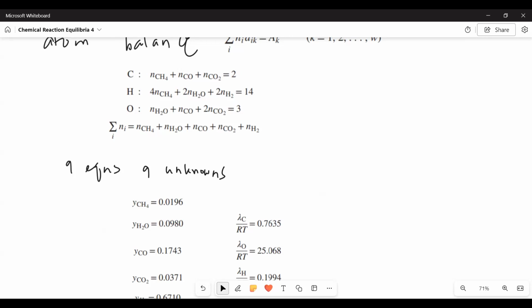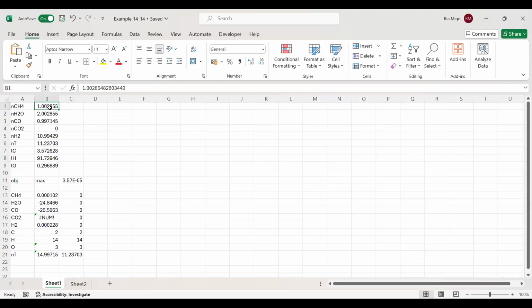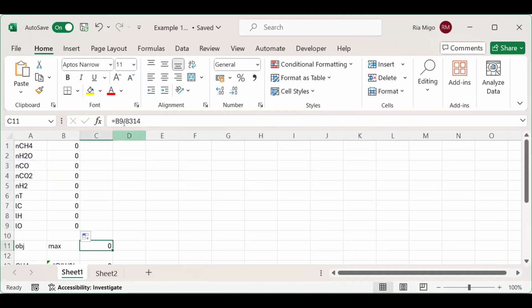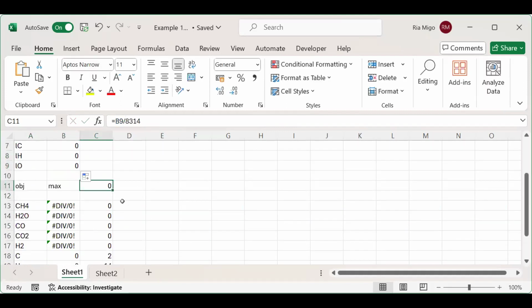So let me share it with you. Okay, so I'm showing the Excel, the same thing like how I did it in example 13. These are the variables, the 9 unknowns. Let me zoom in. I initially put 0 for each value, and the objective function is arbitrarily max one of the variables.